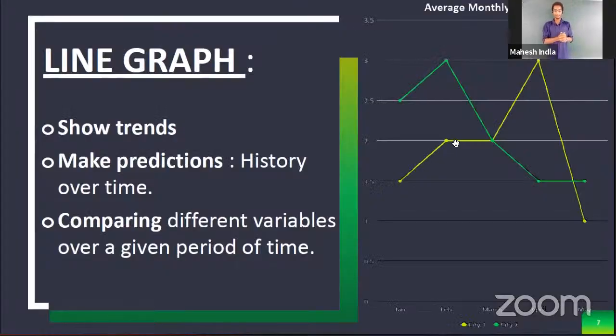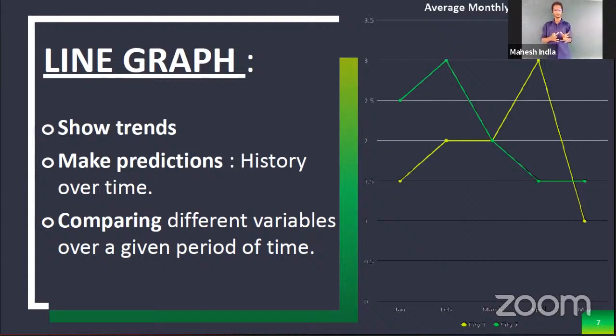When we see the first 2 points, we can automatically predict the third point according to the category, because we have some experience in plotting them, and we have some analysis in our mind on how that category is going up or going down. So it can be better to use these in businesses where we compare the profits. And also these are used to compare different variables over a given period of time.